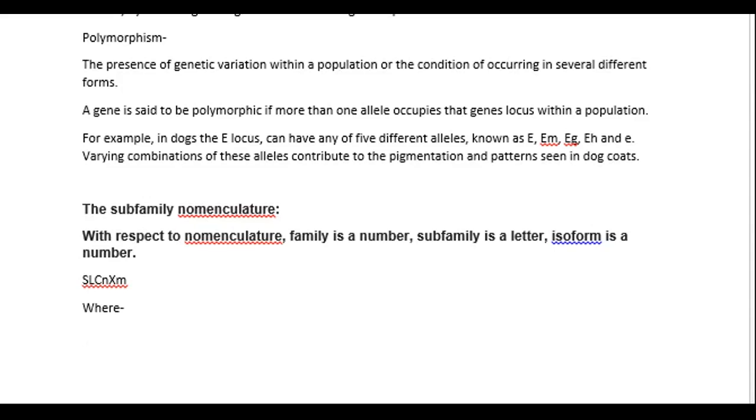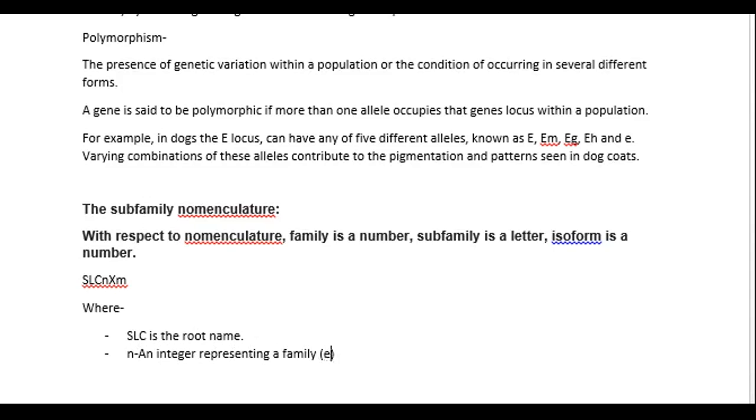Let us take one example with an SLC like that, where this SLC is the root name. For example, the CYP, the cytochrome P450. The small n indicates an integer that is representing a family.